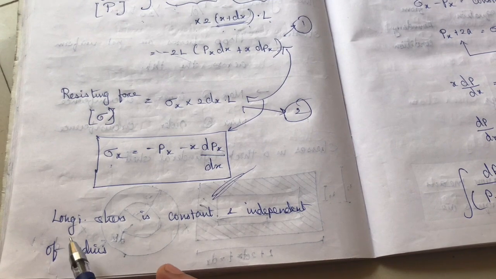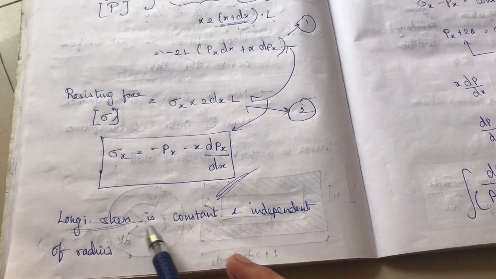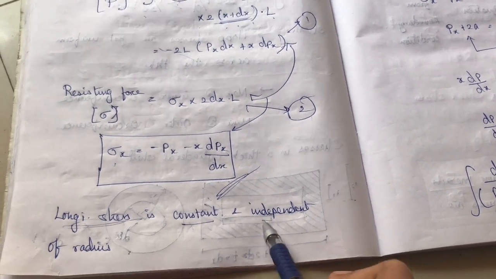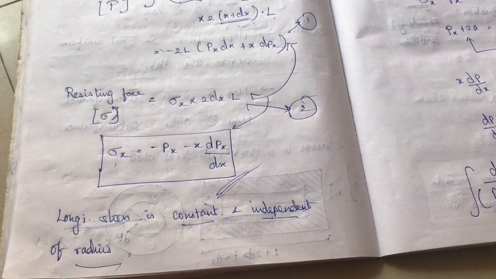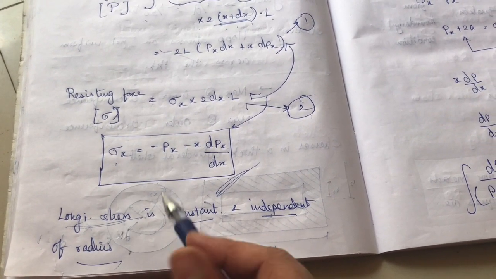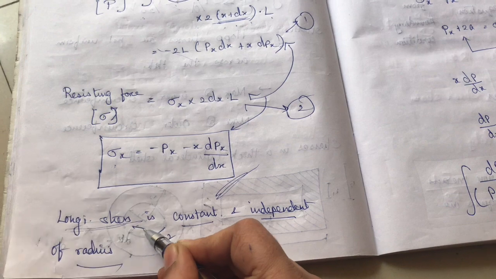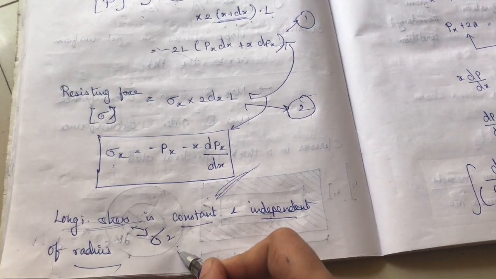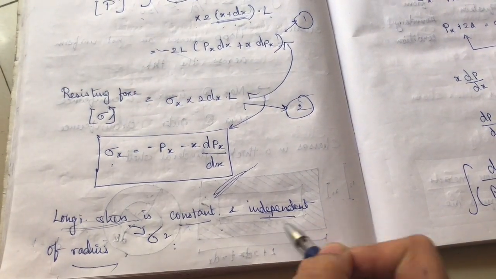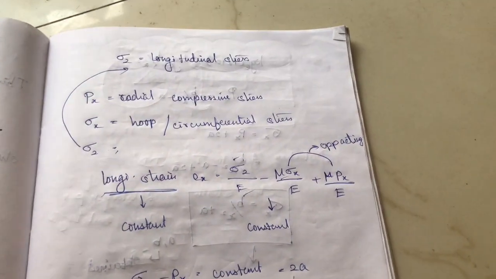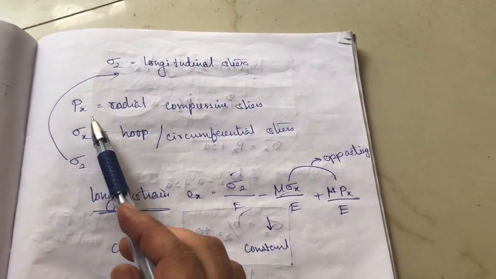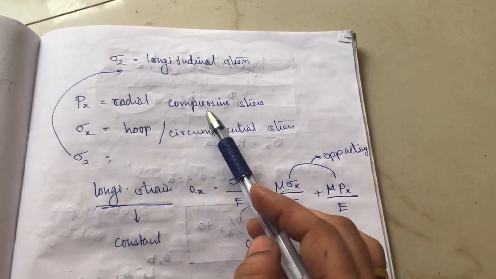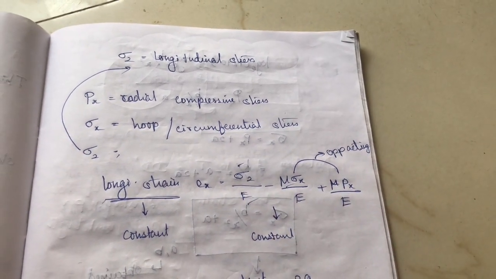But here they are saying the longitudinal stress is constant and independent of radius. So I am taking this longitudinal stress as sigma 2; this one is constant and independent of radius, and Px will be the radial compressive stress.